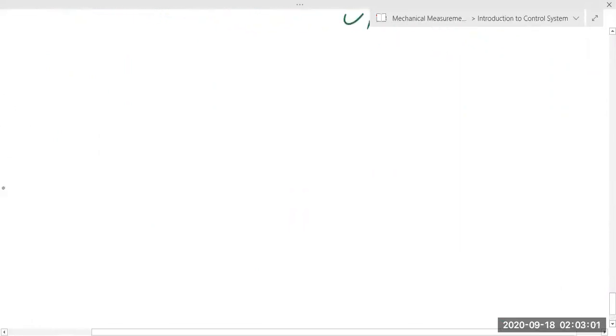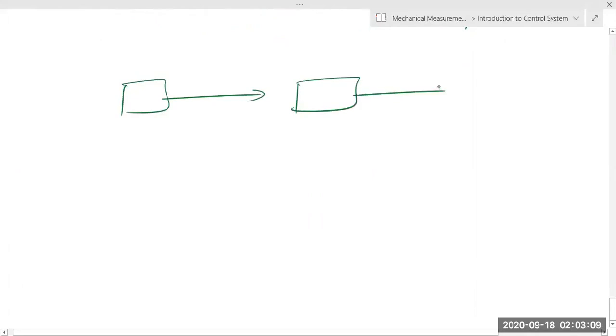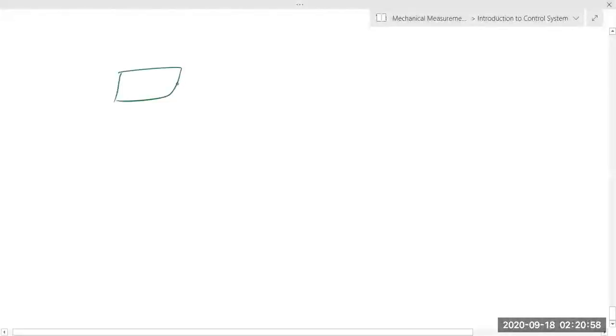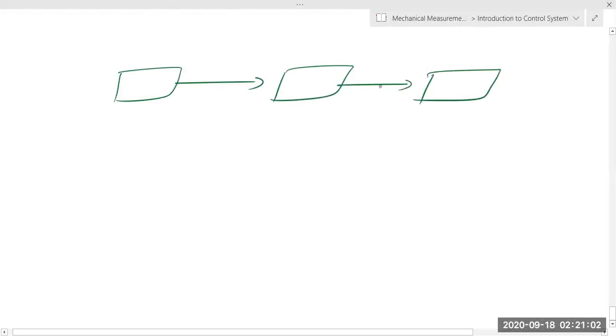First thing I understood: suppose there are three blocks and we need to reduce the blocks. I'm going to explain some properties or forms of block diagram, different forms of block diagram.